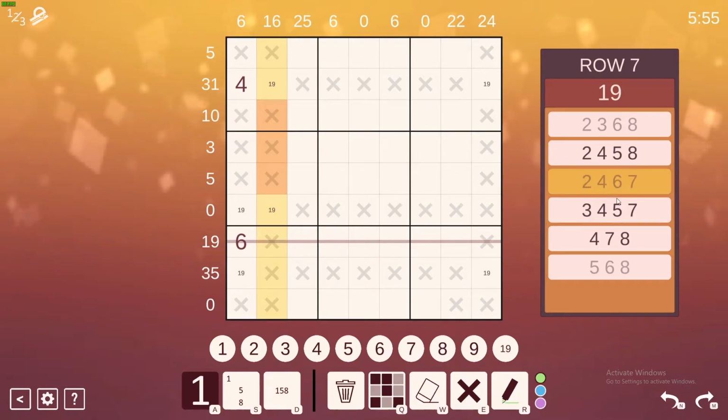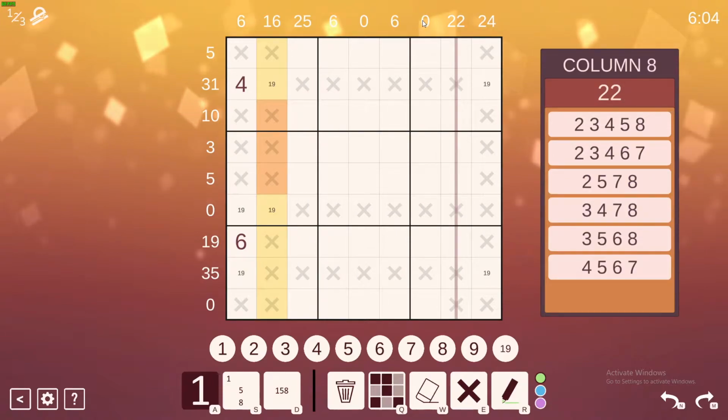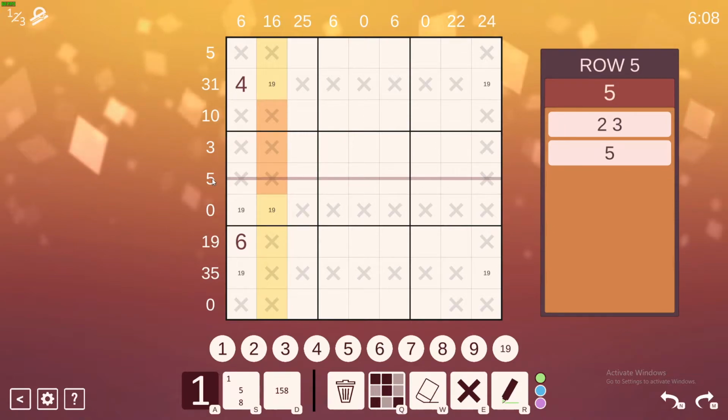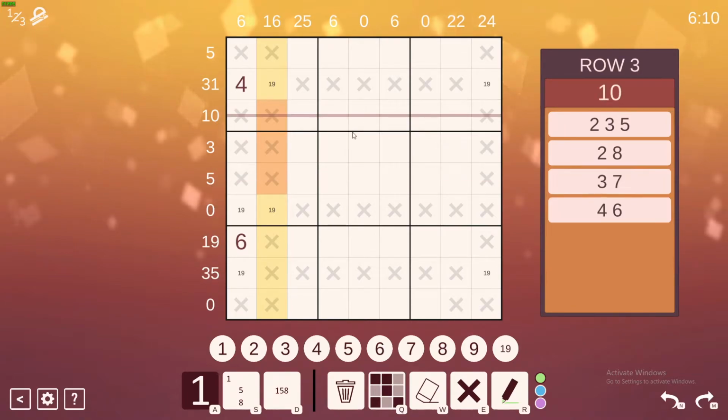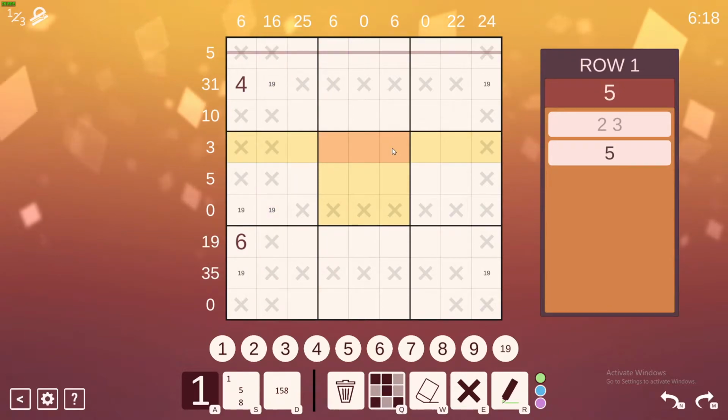Something else you can look out for is, let's look for one right quick. Well, I'm not seeing one, so I don't think it'll really come up in this Sudoku. But let's say you had a 2, 3, 4 clue.